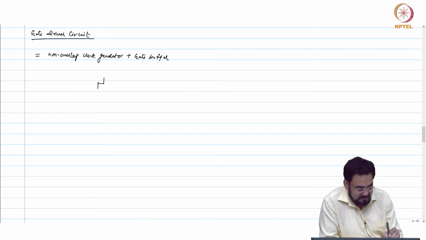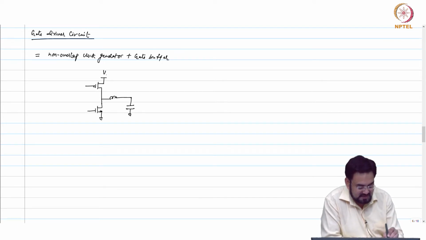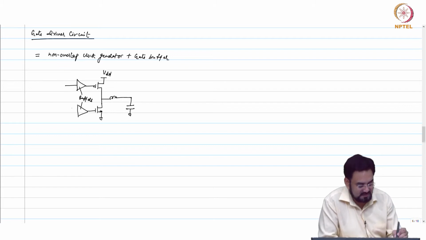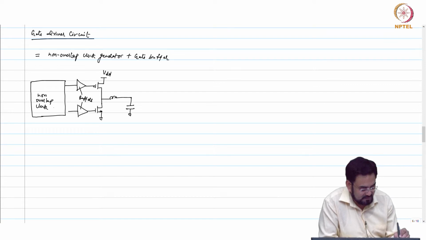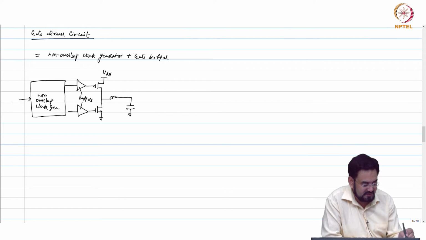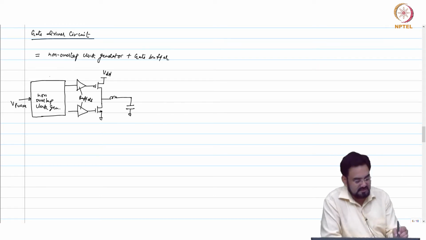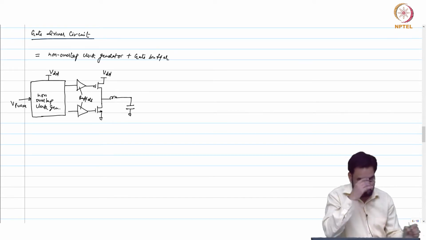So if this is your power stage VDD, what you have here are buffers, and before this you have non-overlap clock generator, and you feed your VPWM here, and this will again be running on the same VDD and ground.